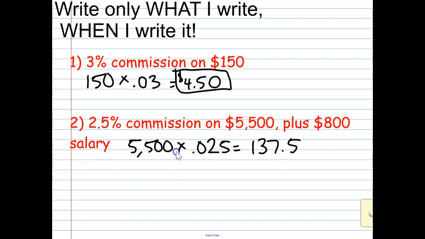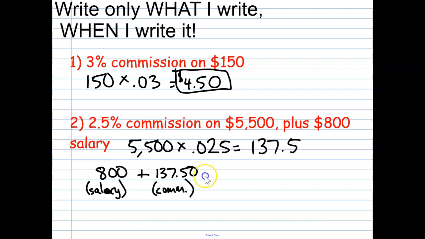But again, he gets $800 for going to work for the week. So 800, and we're going to kind of break this down because it's our notes. That's his salary. Plus the 137.5, but we'll make it look like money. That's his commission. We'll just abbreviate that.